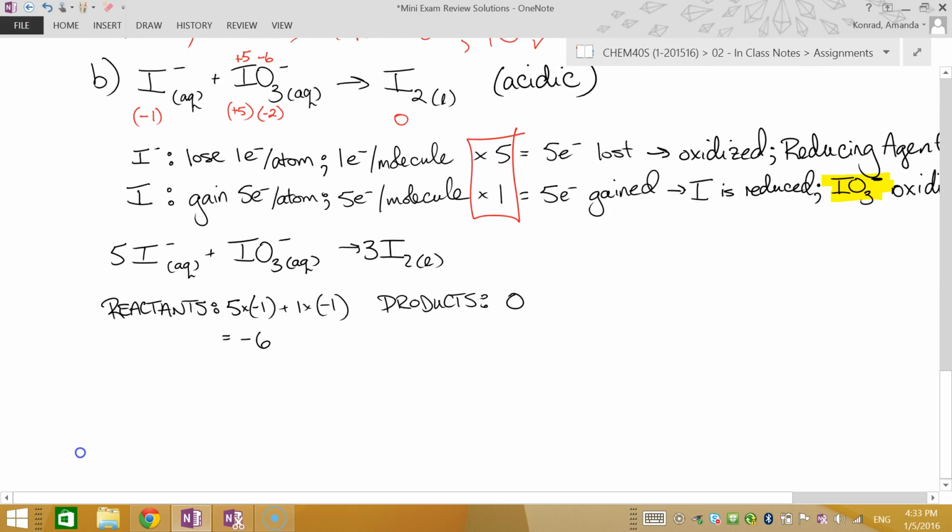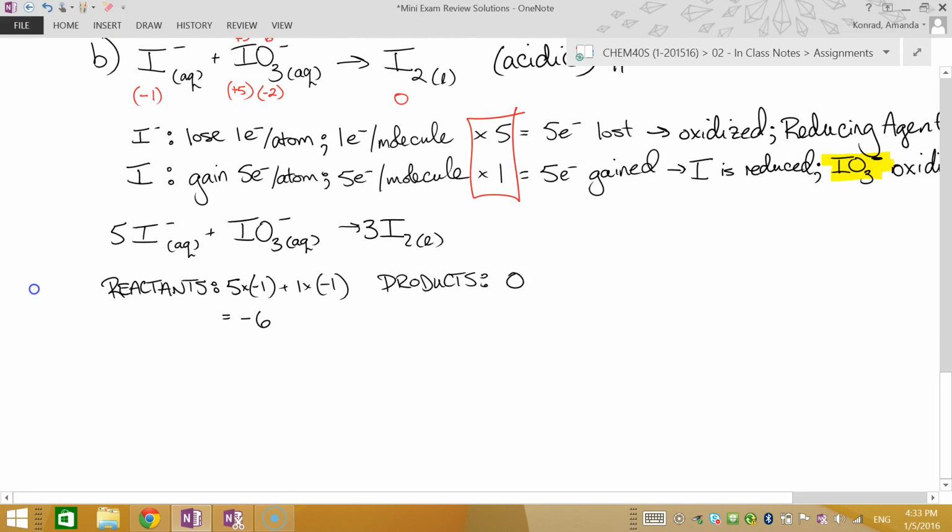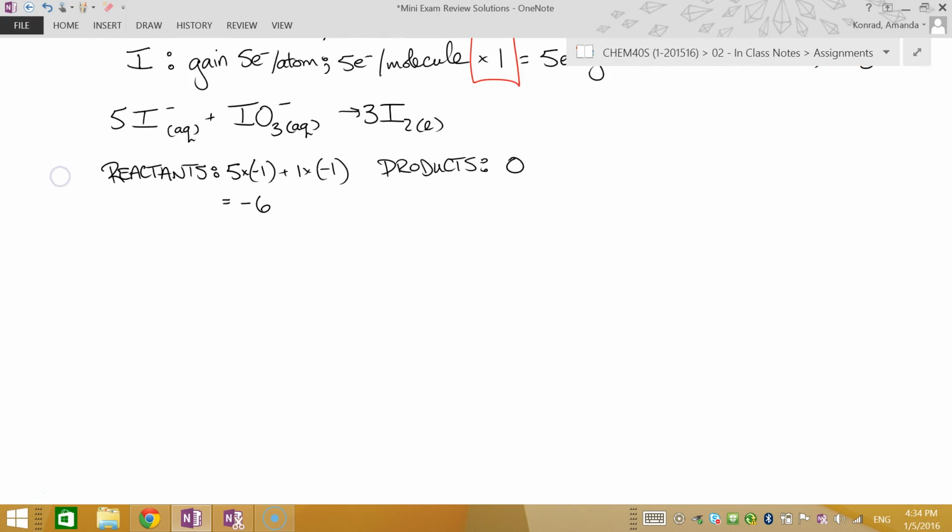Acidic solution means that we are adding H+. How that affects us? Well, for now, we're adding positives, and we need the left-hand side to be equal to the right-hand side. So the left is where we're going to add extra positives to increase that number until it gets to 0. So I'm going to add 6 hydrogen ions.